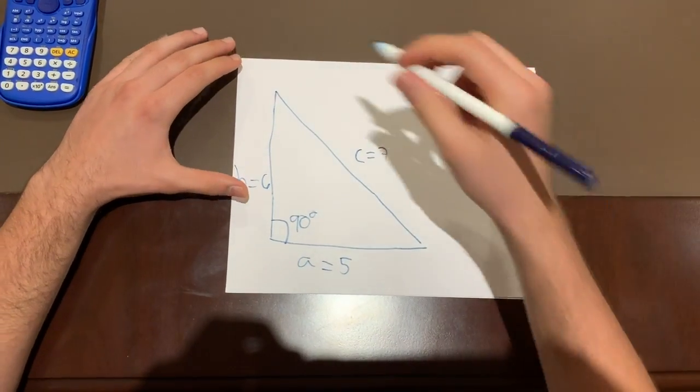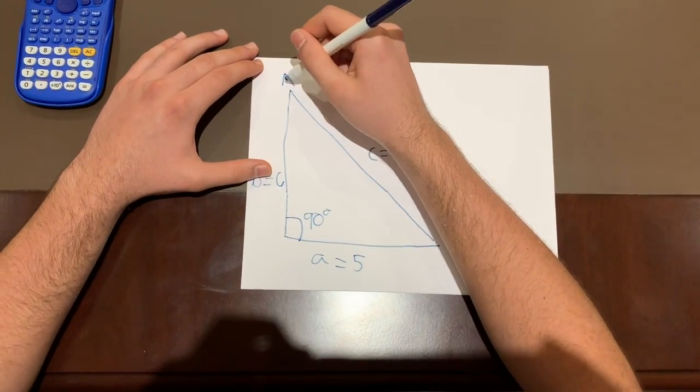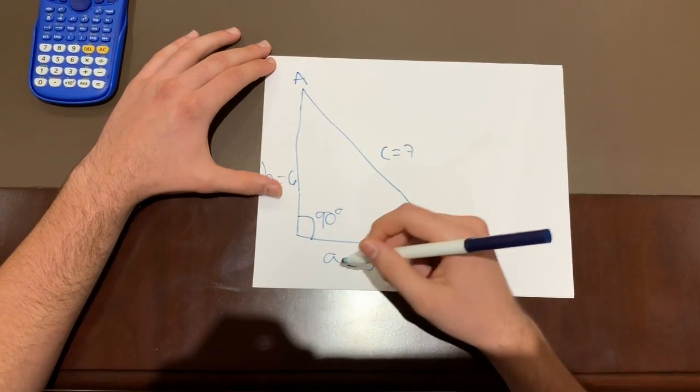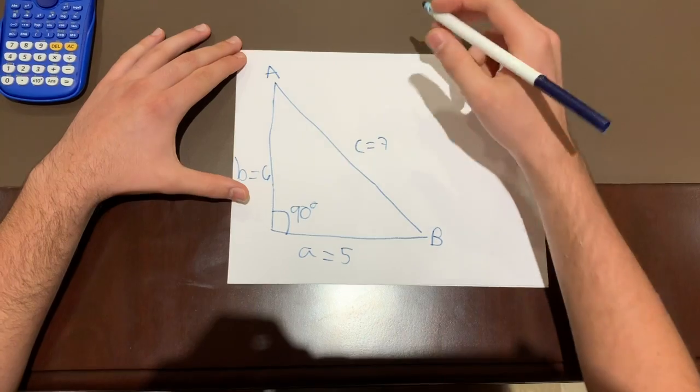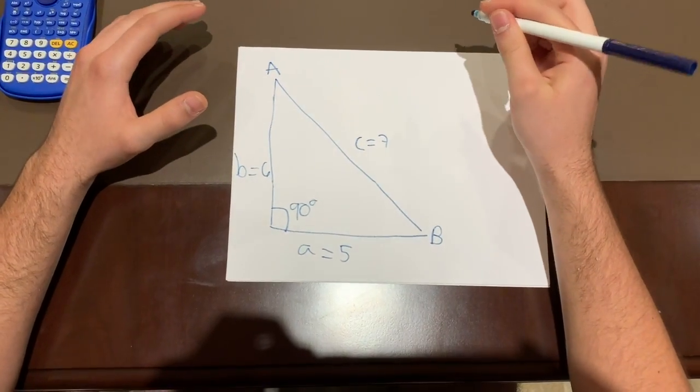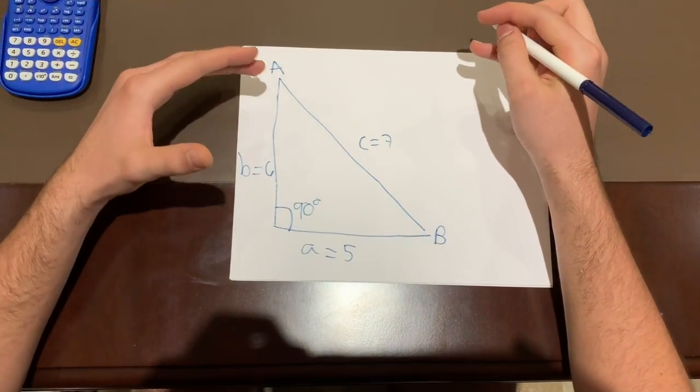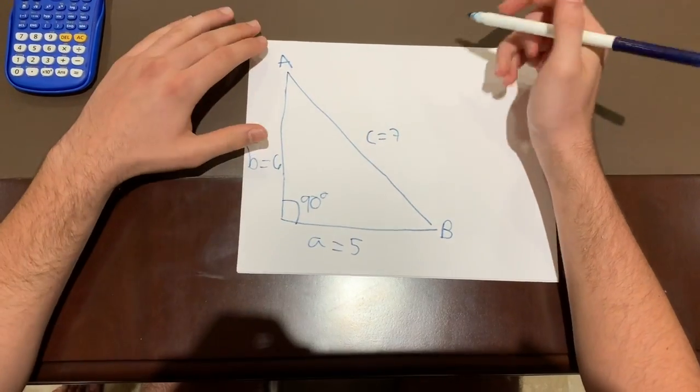Now this is our angle A because it is opposite to side A, and this is our angle B which is opposite to side B. So we need to find the trigonometric functions in order to find our angles.